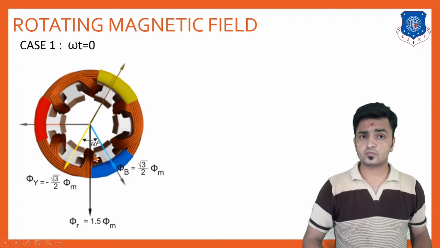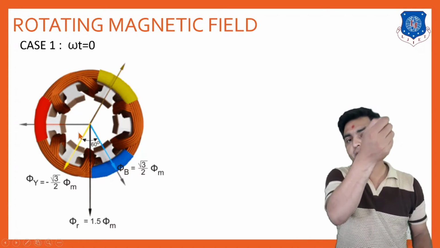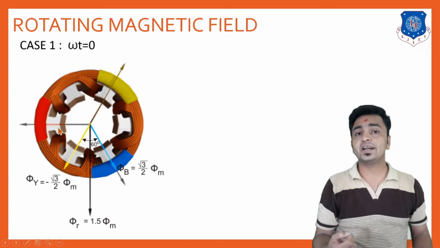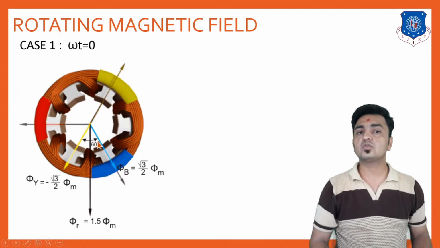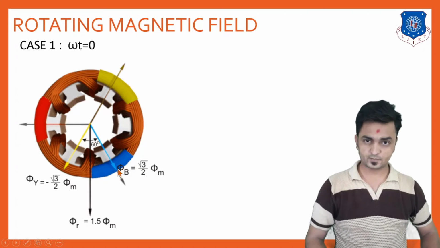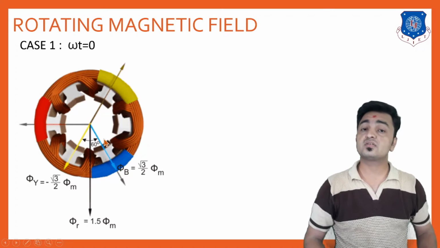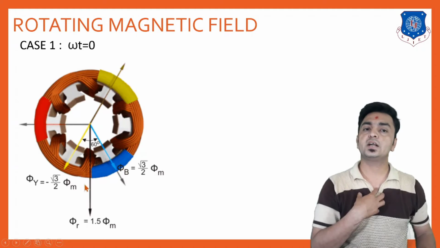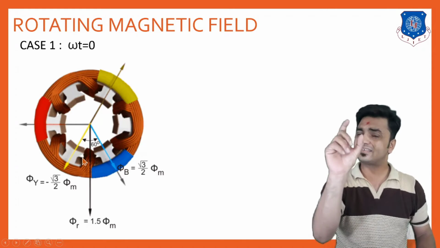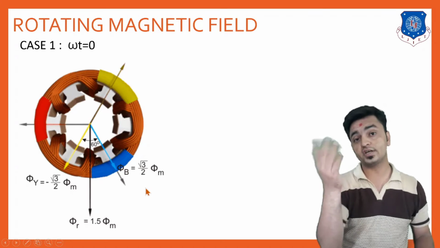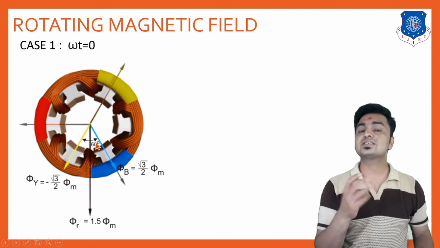Now when we are drawing this component in the opposite direction, that is forming 60 degree. So if this is 60 degree, this another angle is also 60 degree. Now, to find the resultant of these two components having the same value root 3 by 2 phi m and root 3 by 2 phi m, the angle is 60.